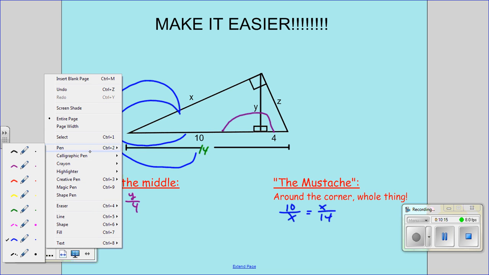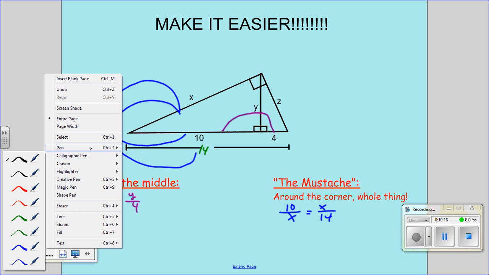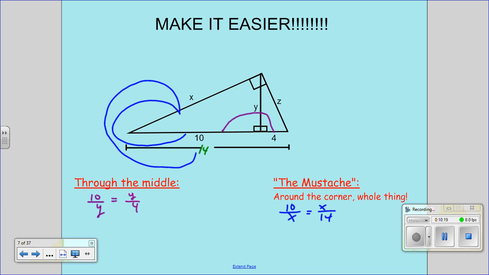Now, if I want to find Z, I would have to start at the 4 part, come around this corner to Z, so that's 1 ratio, 4 over Z, and that ratio is going to equal, starting at Z, come back around to the whole, so Z over 14.